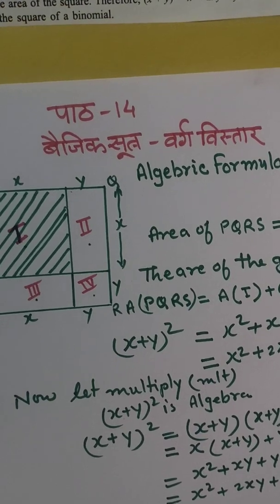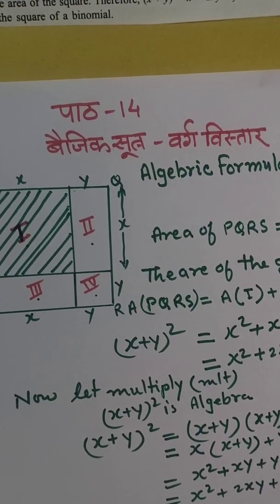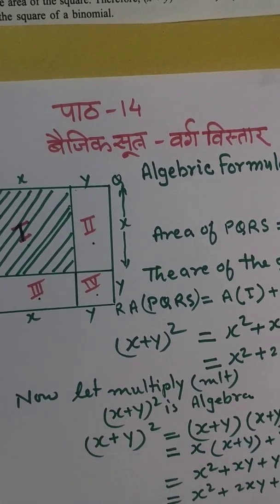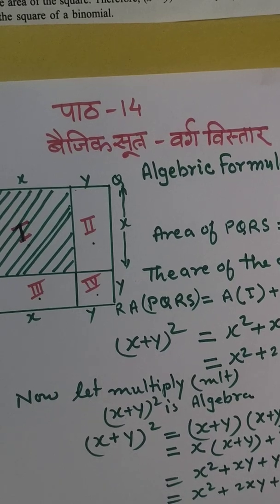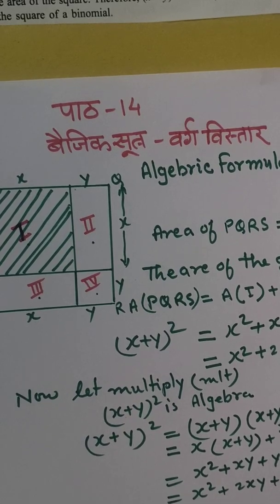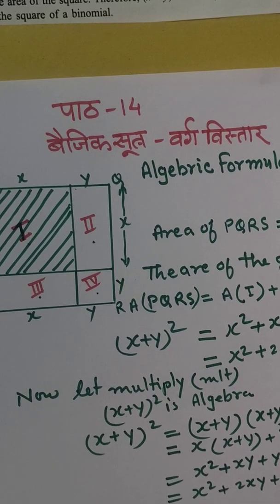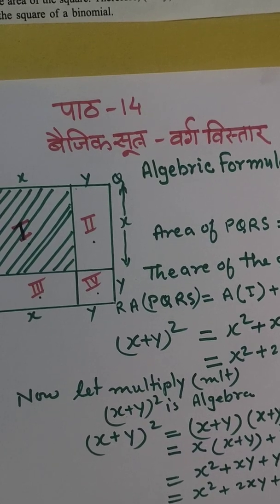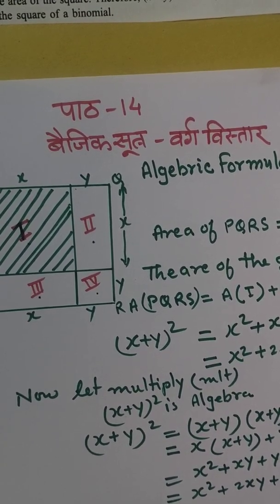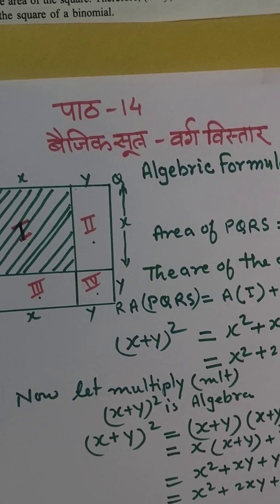Then what are you seeing? If you find the multiplication of (x plus y) whole square, this gives x square plus 2xy plus y square. And in the picture, if you find the area of any square which has its side x plus y, this also gives the total area equal to x square plus 2xy plus y square.